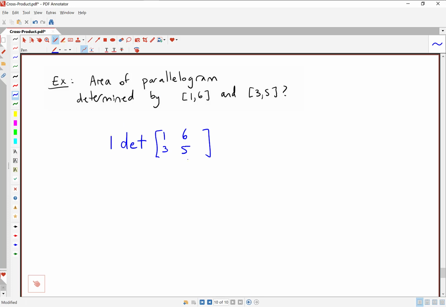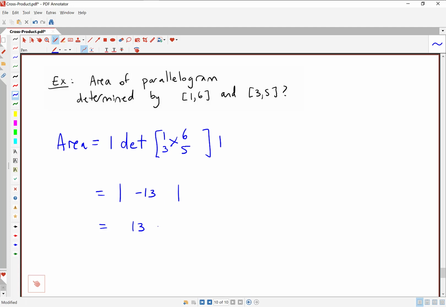So if we're talking about area or volume, we need the absolute value. So the way we're going to get the area of this parallelogram is the absolute value of the determinant of this little matrix. So that's going to be the absolute value of, well, our determinant is 5 minus 18, so negative 13. In other words, absolute value of negative 13, 13. So the area of that parallelogram is 13.